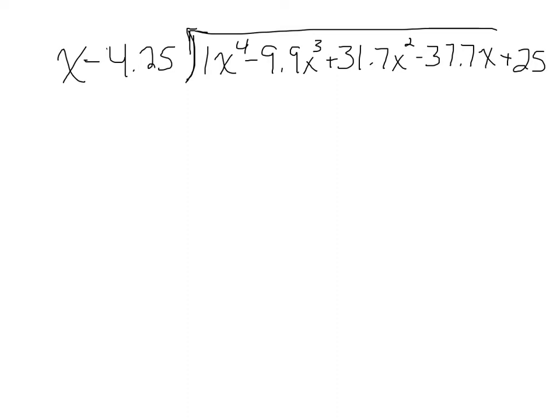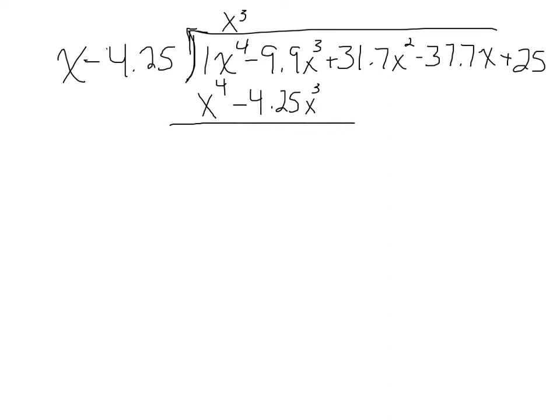So if I want 1x^4, I'm going to have x to the 3rd. Multiply x to the 3rd times x is x to the 4th. X to the 3rd times a negative 4 1/4 is negative 4 1/4 x to the 3rd. Subtract. Double check your negatives.